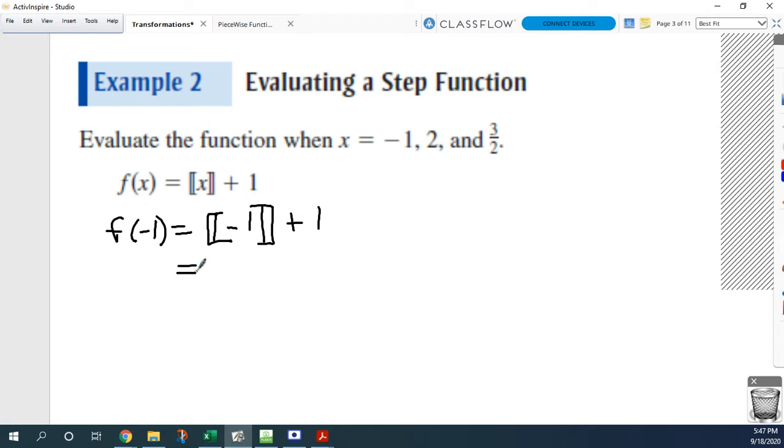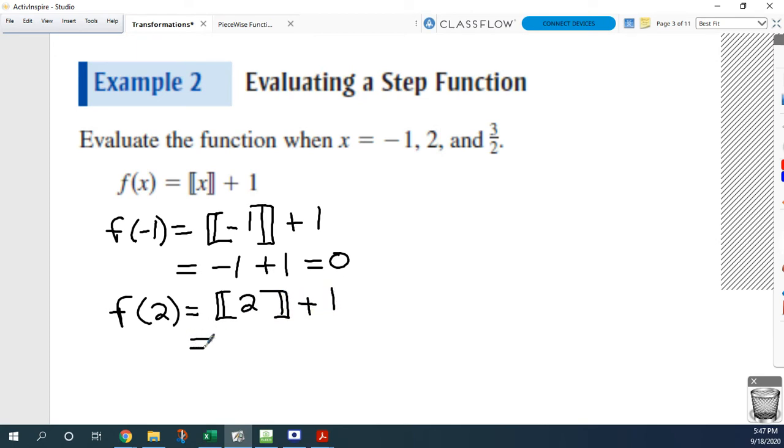Because -1 is already an integer, it's just going to be -1. That's going to be true for any of our whole numbers that we plug in. The same would apply if we wanted to plug in a 2. We would just end up with 2, and overall we would get 3.